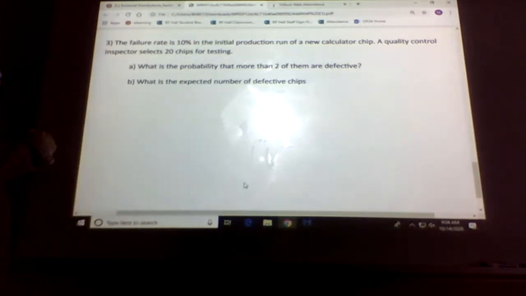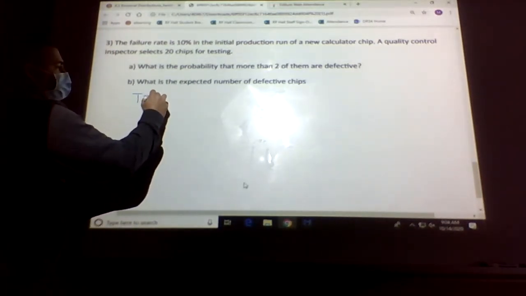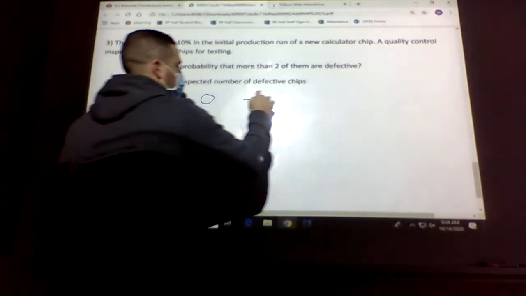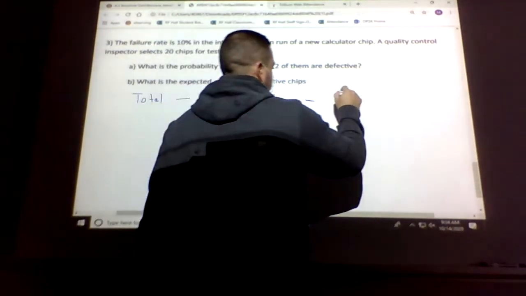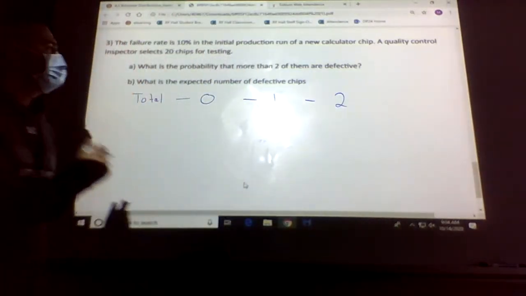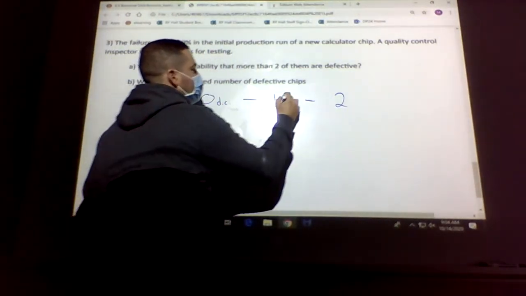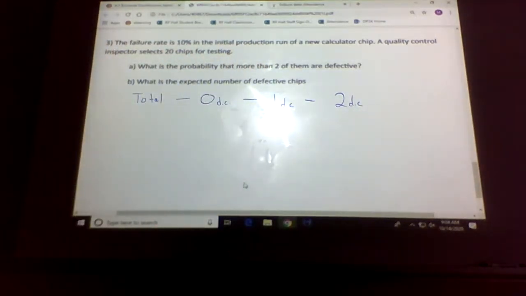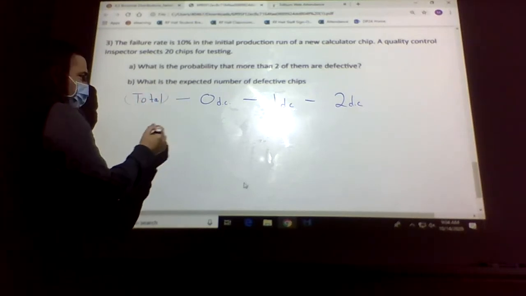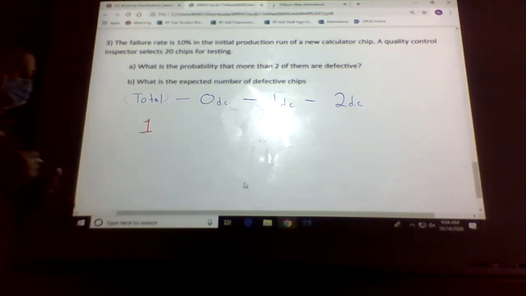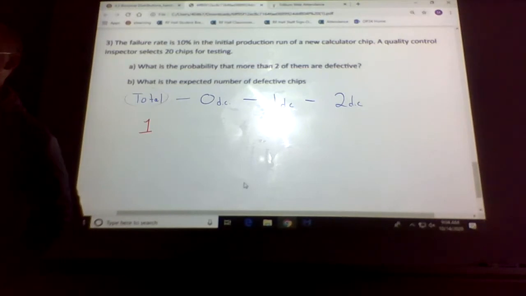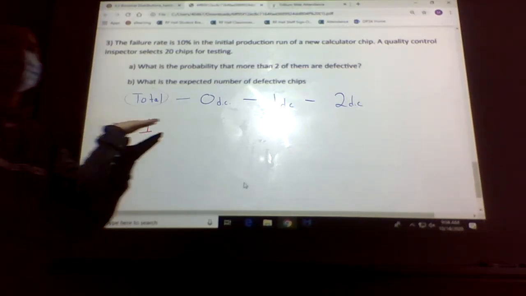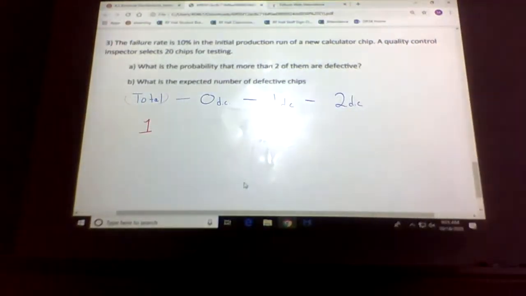So the total minus, we're going to subtract 0 defects, we're going to subtract 1 defect, and then 2 defects. So defective chips, I'll put DC, defective chip. In this case, since it's probability, your total is 100% or just 1. Okay, we'll work with decimals. So 100% as a decimal is just 1.0.